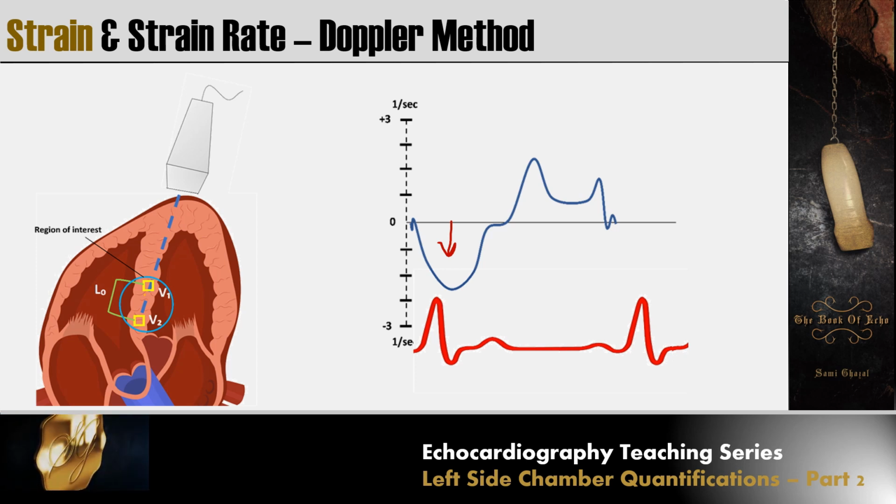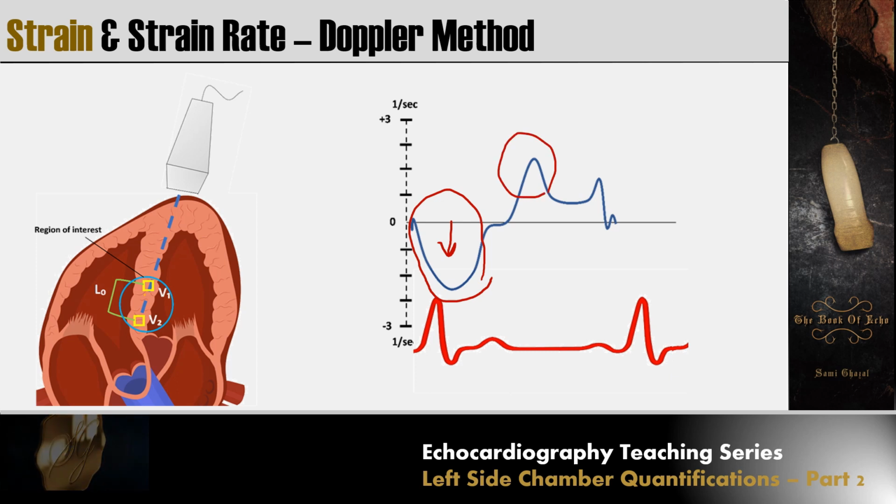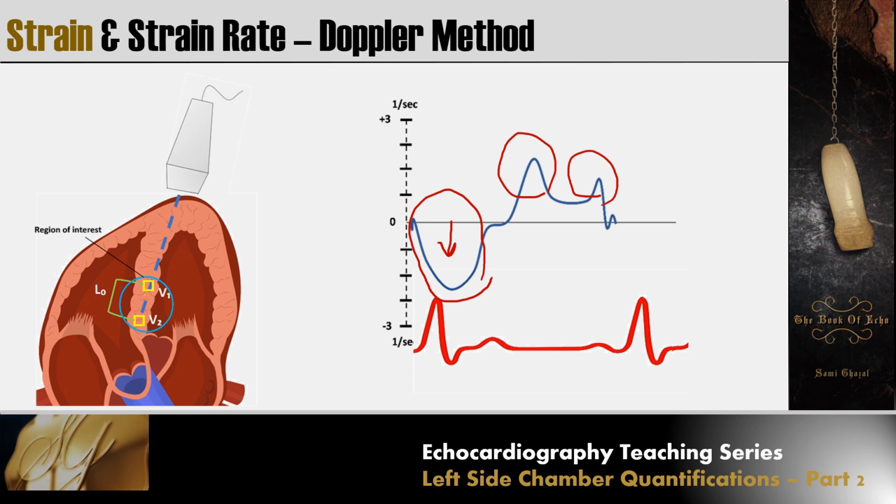When it is lengthening, increasing in size, you will have a positive deflection. So initially we will have a negative deflection here, indicating that the segment is shortening during systole. During diastole, we have opposite positive waves, and usually there are two waves in an opposite manner to the mitral Doppler inflow, which we will see in the diastolic lecture.